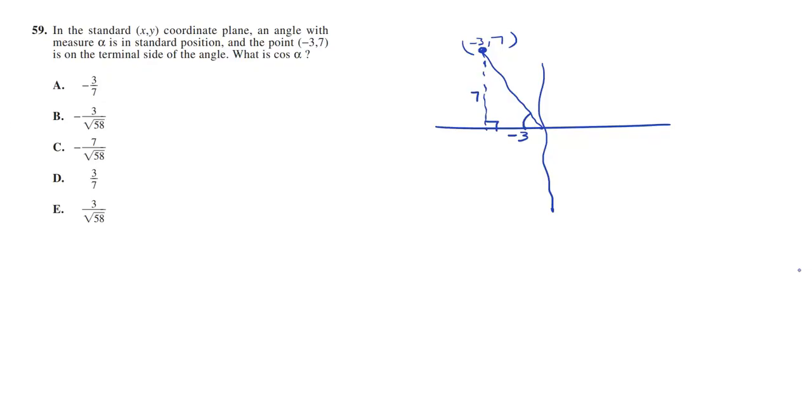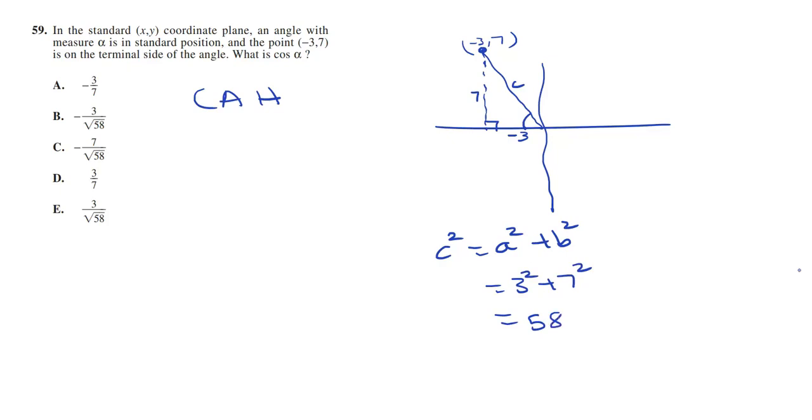So now we want to find cosine, and we know from SOHCAHTOA that we need adjacent, which is -3 here, and then we need to know this right here. So let's call this C. C squared is A squared plus B squared, and because we're dealing with lengths, we just ignore the negative on the 3, which is going to be 3 squared plus 7 squared, which is 9 plus 49, 58.